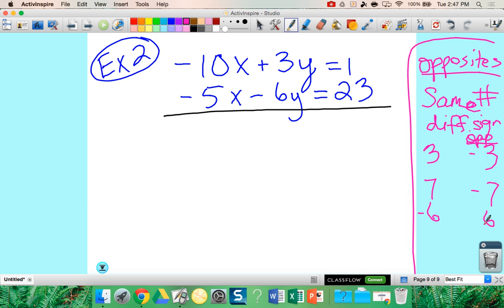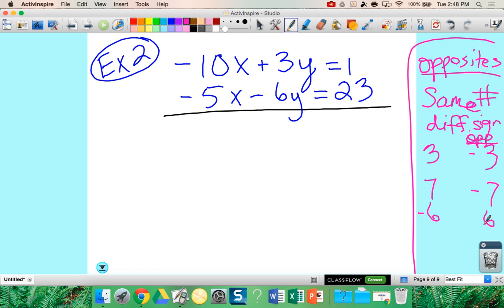I don't know if you could do it for negative 10x, because that would make 3 6. But would you do it? But you want to eliminate x, remember? I said you did it to negative 5. So if you want to eliminate x, don't worry about the y's. So just look at these two numbers. What would have to happen to eliminate the x terms?